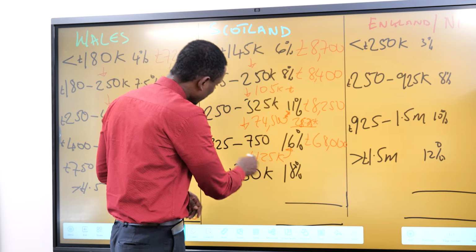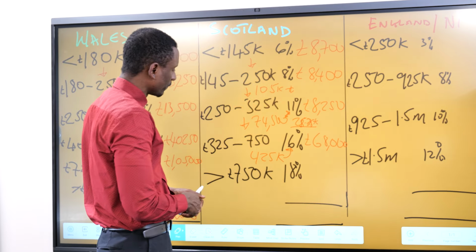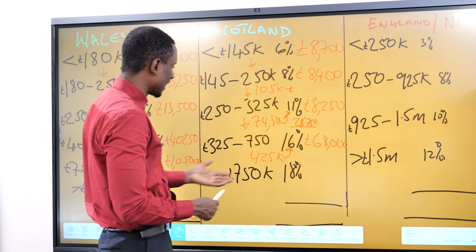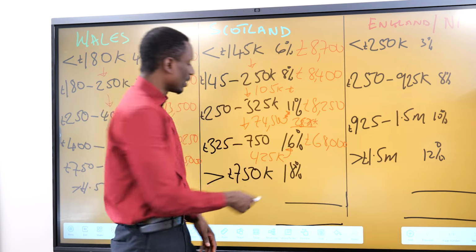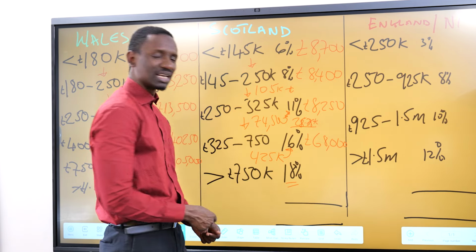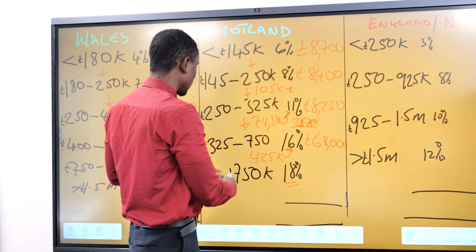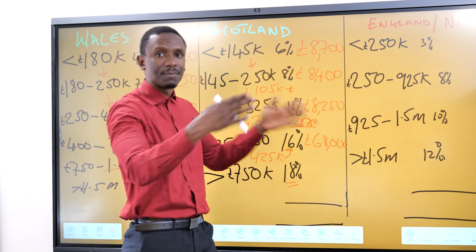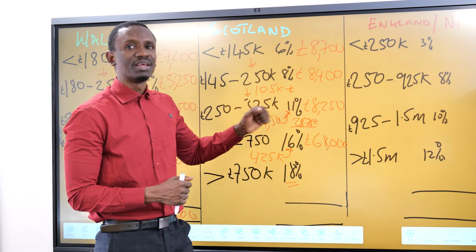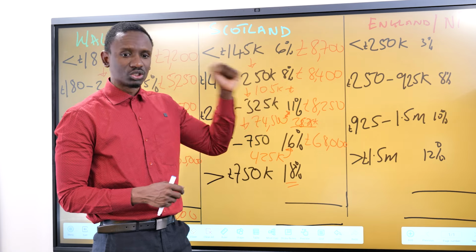Suppose then the property is over £750,000. Again, any additional amount would be taxed at 18% as well. So you've got the idea now: the difference between the 750 and whatever amount you're buying that property for would be the tax you would pay to the Scottish government.